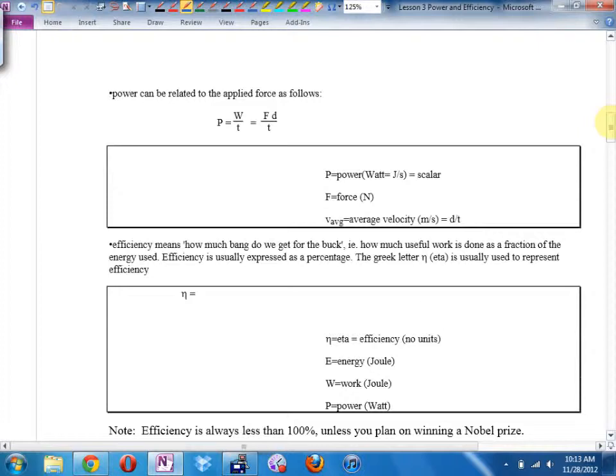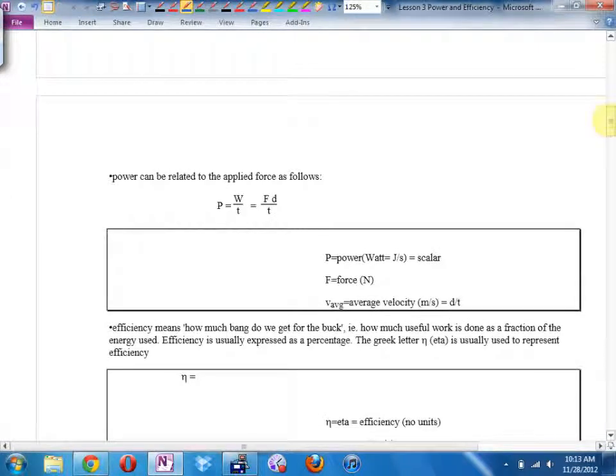There's a second way to think of power. This is one of those, John, handy to have in your back pocket kind of equations. Power, we said, is work over time. And we said that work is force times distance over time.